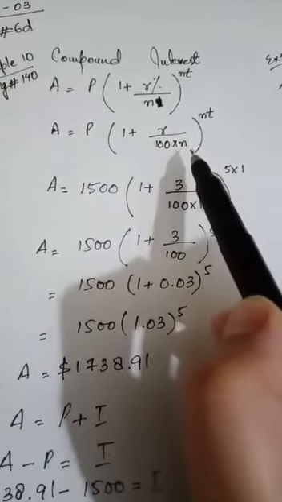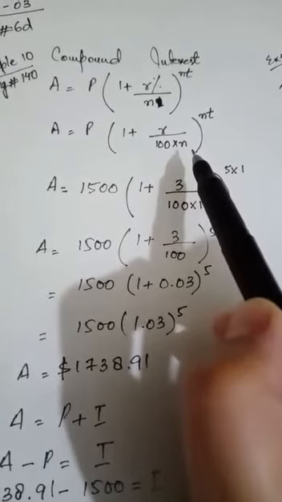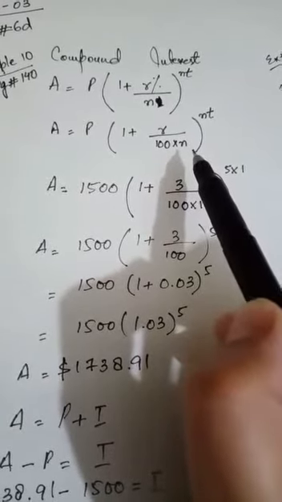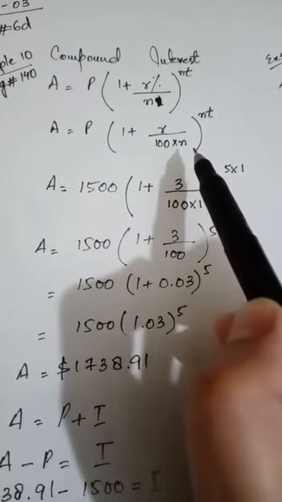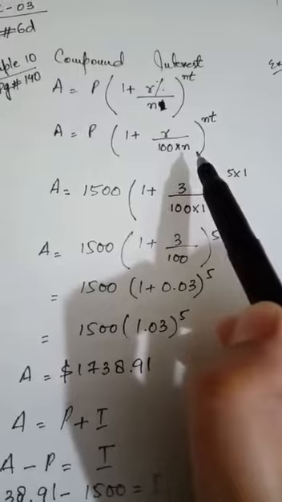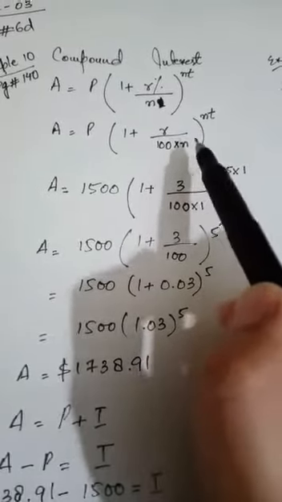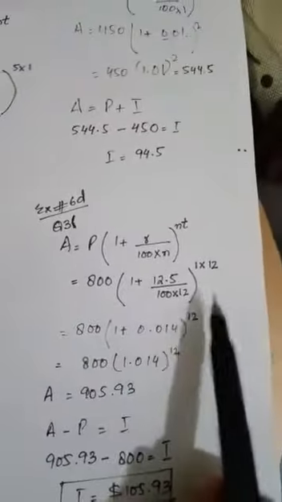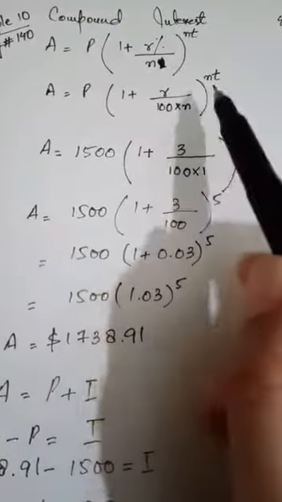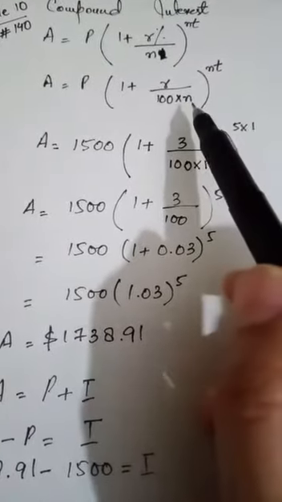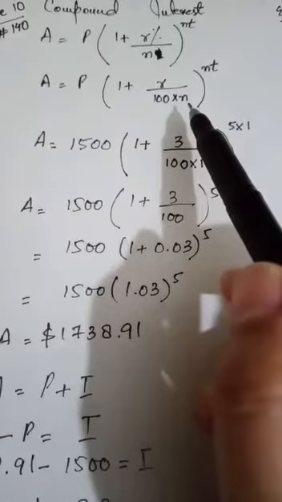If it is yearly, the value of n will be 1. If it is quarterly, then the value of n will be 4. If it is 2 times in a year, then the value of n will be 2. If it is monthly, then the value of n will be 12, as we have considered here. And similarly, if it is daily, then the value of n will be 365.